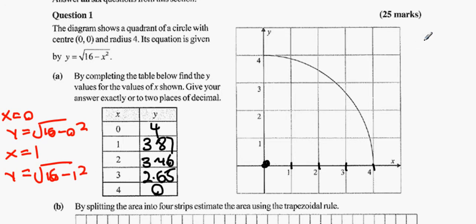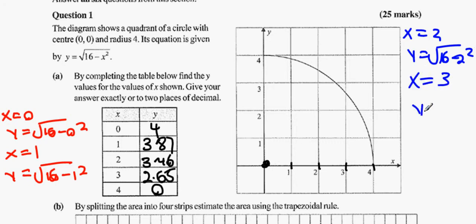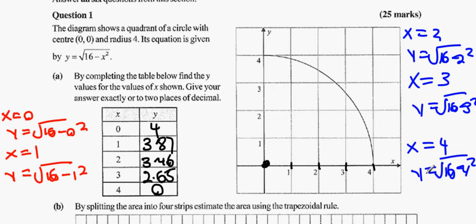When x equals 2, y equals the square root of 16 minus 2 squared. When x equals 3, y equals the square root of 16 minus 3 squared. And finally, when x equals 4, y equals the square root of 16 minus 4 squared. So right now we have our table complete here.